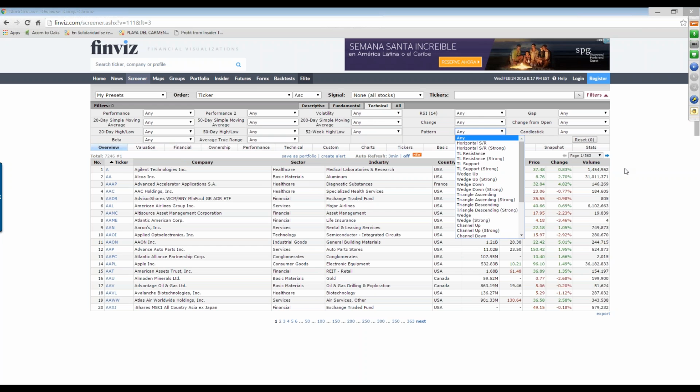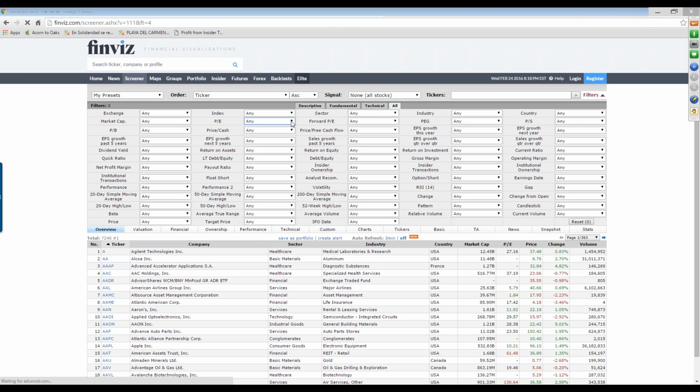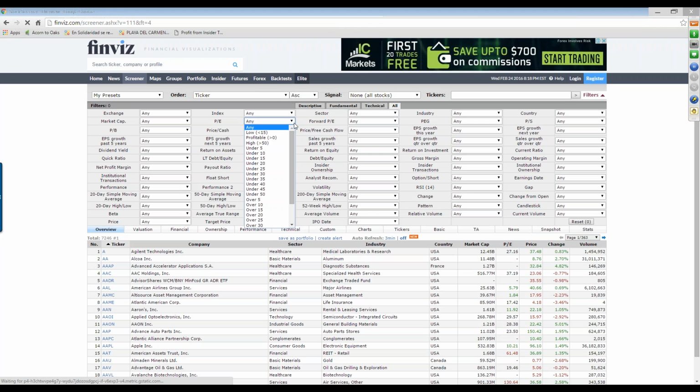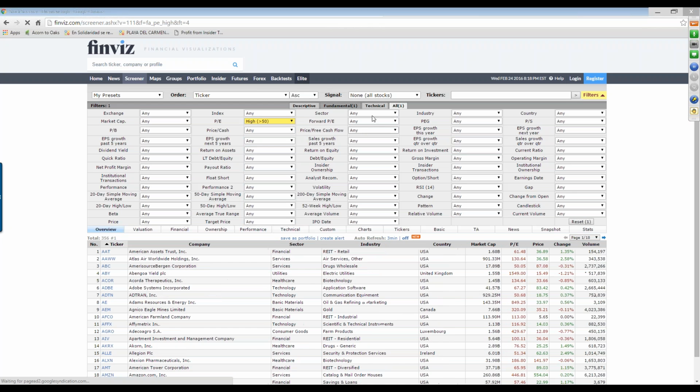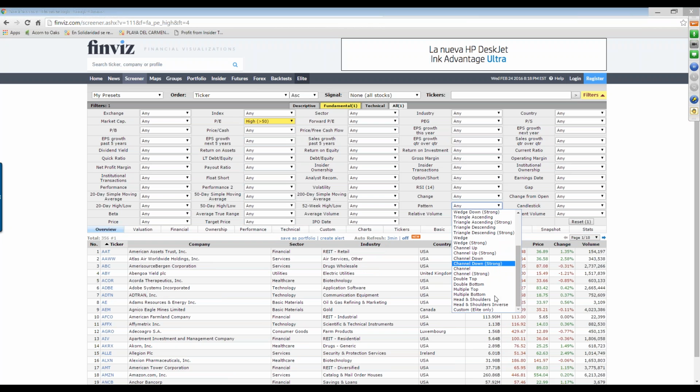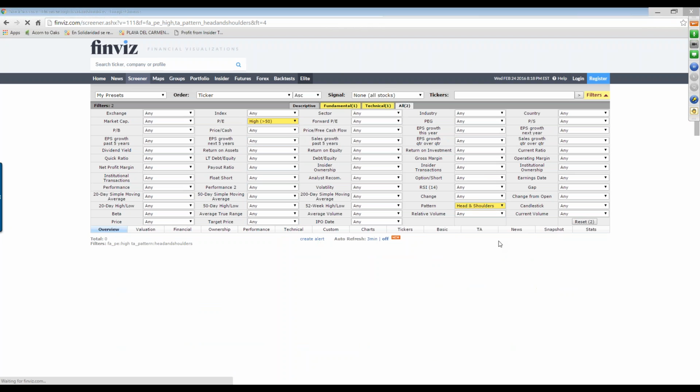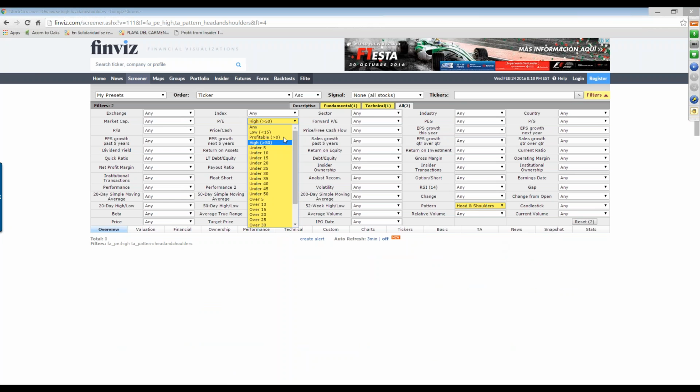And a really easy thing to do, if you're looking for a short, is to say, well, if I'm looking for a head and shoulders with a really high P to E ratio. So there we go. Let's look for a head and shoulders with a high P to E ratio. There's none. Okay. And again, you're going to find that this is a bit cumbersome. This is not the best program.